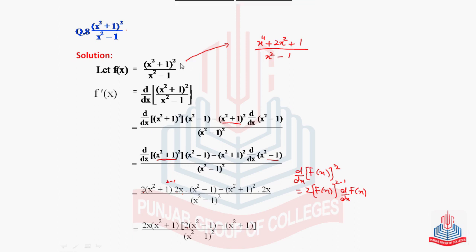So there will be no further simplification, so rather than going to the simplification technique, we just apply our quotient theorem. So we can conclude, if there is no possibility of any simplification like in this part, then we will go towards the derivative like this, and if there is a possibility of simplification, as we discussed in the previous question, then we will move towards simplification and then applying the derivative. So this one is our question.